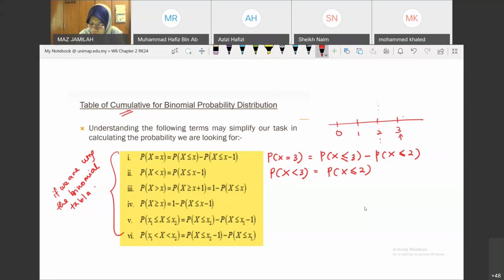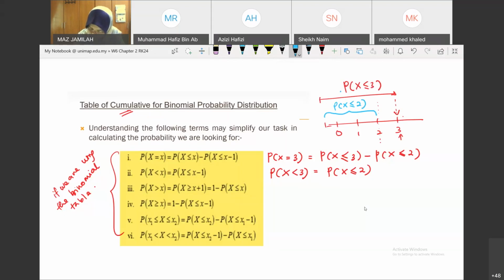Exactly 3 means finding the probability from 0 until this, which is P(x less than or equal to 3), and minus the one from here until here, which is P(x less than or equal to 2).